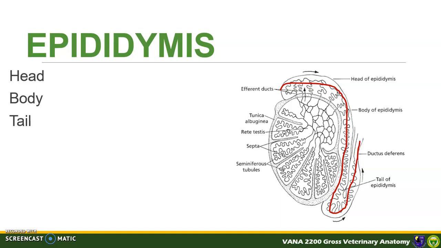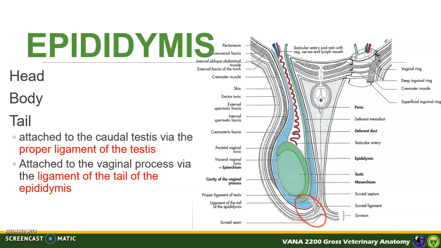The head consists of the efferent ducts, the body or the central part consists of the highly coiled epididymal duct connecting the head and the tail, which is the bulbous end and continuous as the ductus deferens. Please take note as well of the ligaments attaching the tail of the epididymis to the testis and the vaginal process.